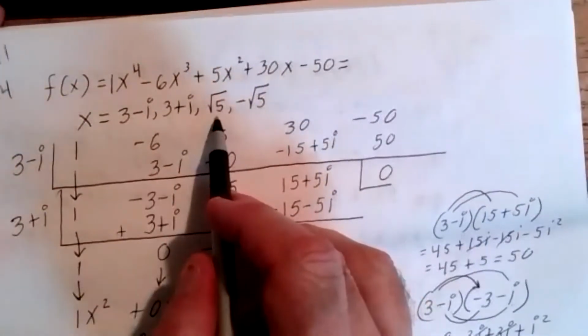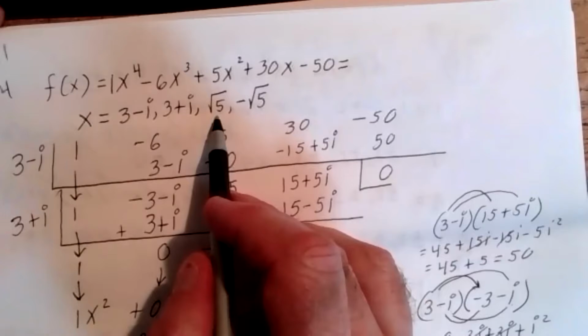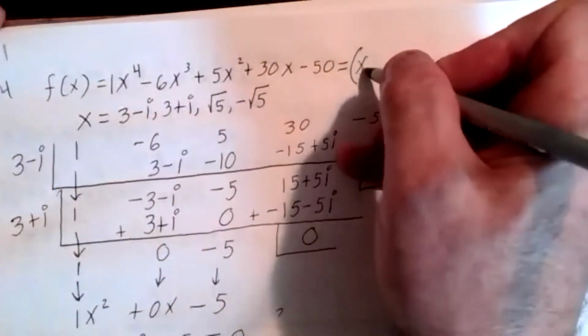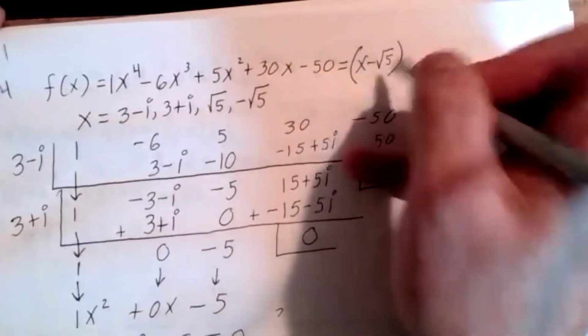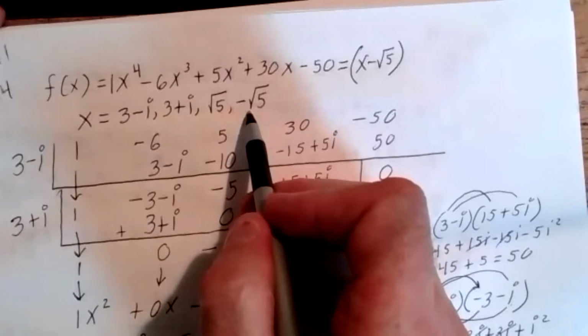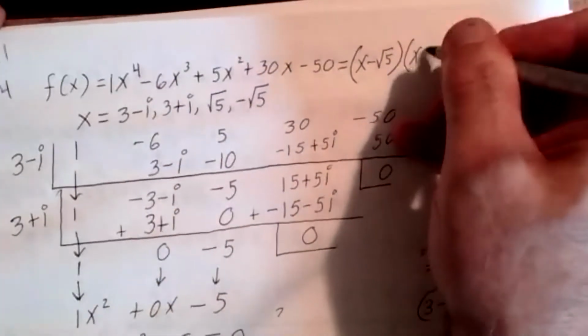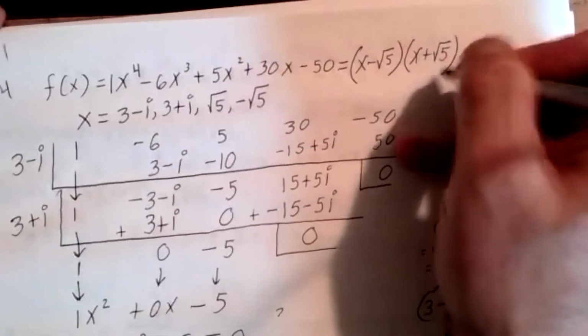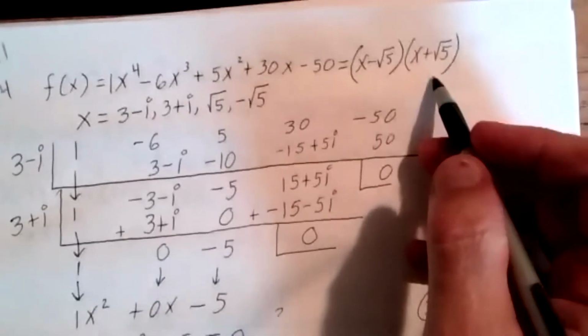Well, if the square root of 5 is a 0, by the factor theorem we touched base with 2 days ago, it must be true that x minus the square root of 5 is a factor. Likewise, x plus the square root of 5 must be a factor.